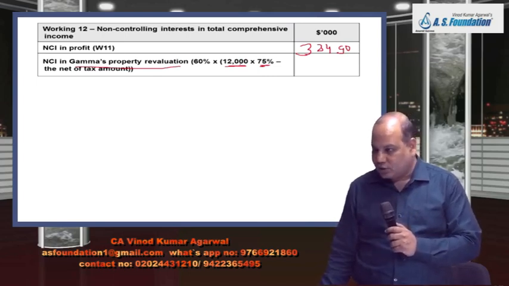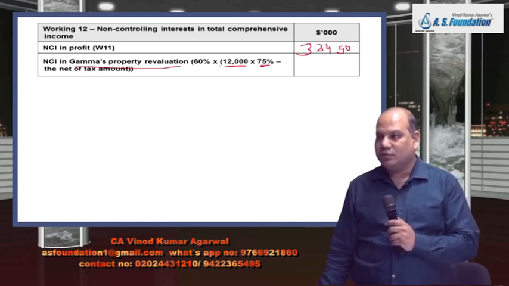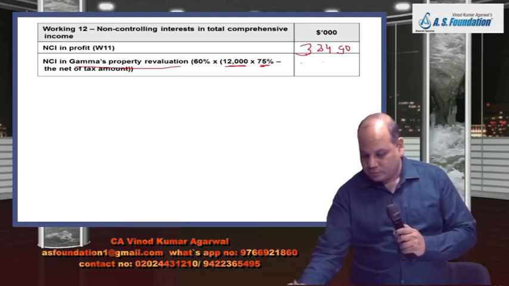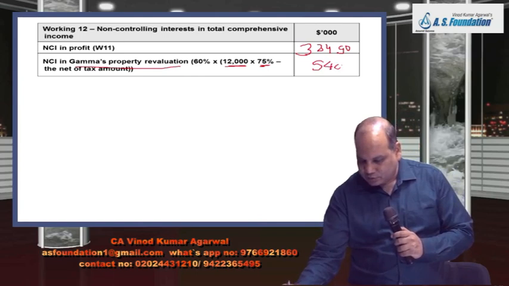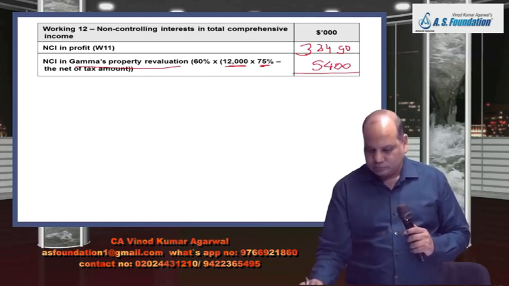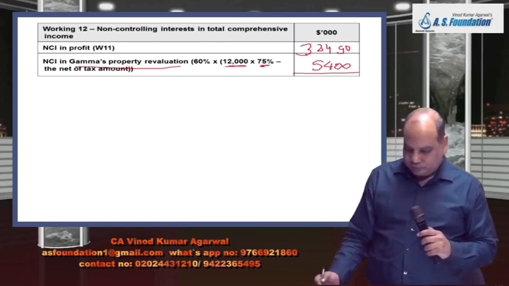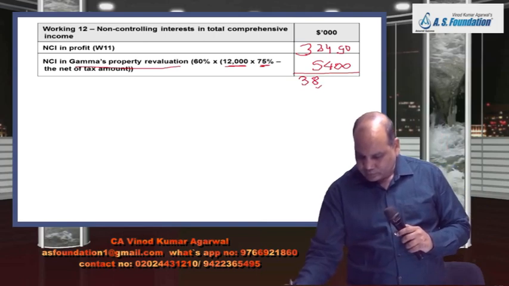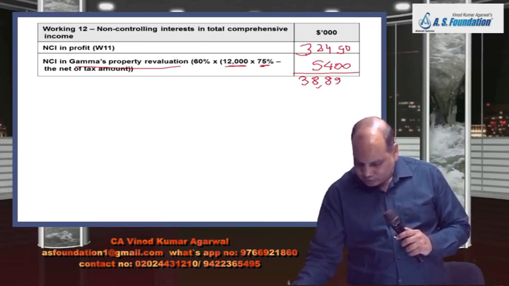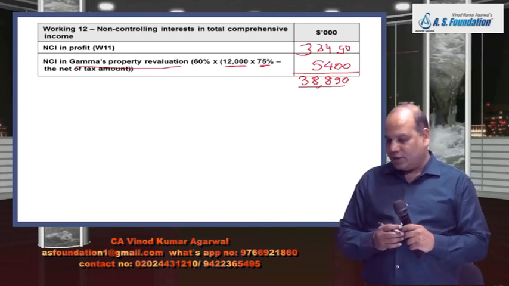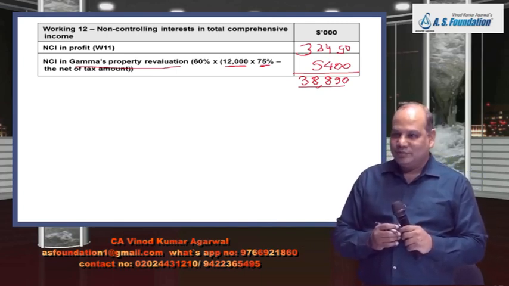So that comes to 9,000 and into 60% NCI share in gamma. How much is that? 5,400. So now you add this number. How much you get this? 38,890. Okay. So this is my handwriting, 38,890.